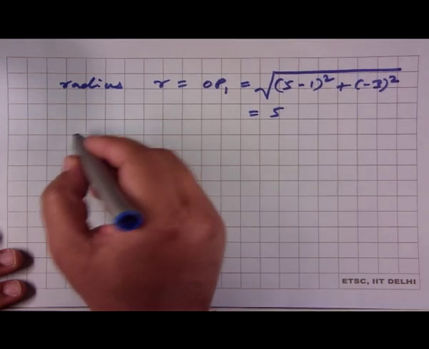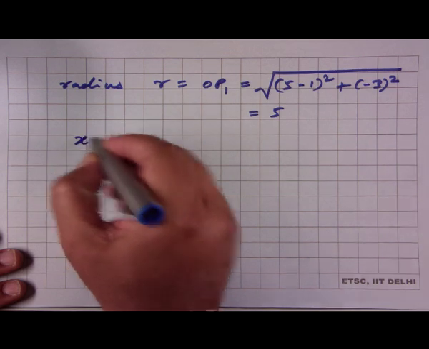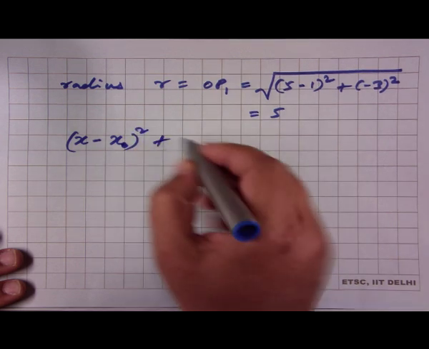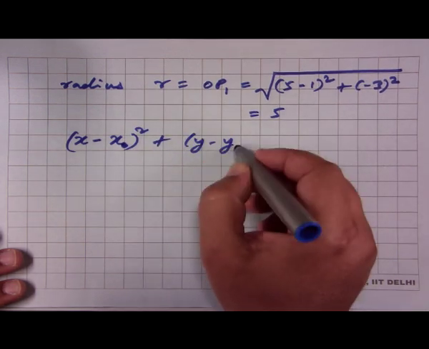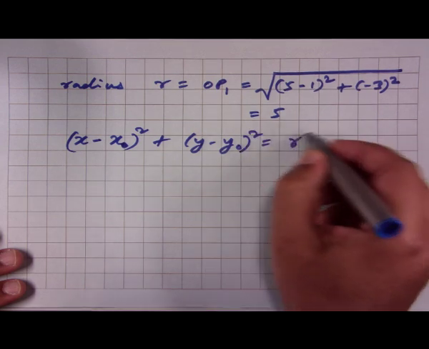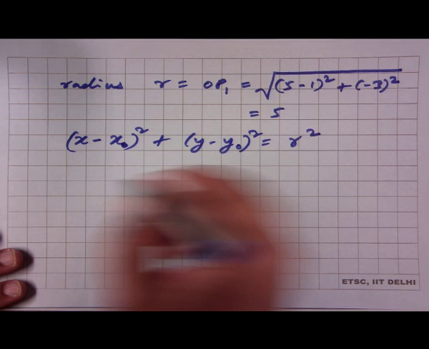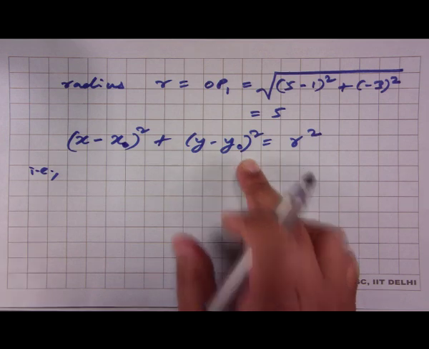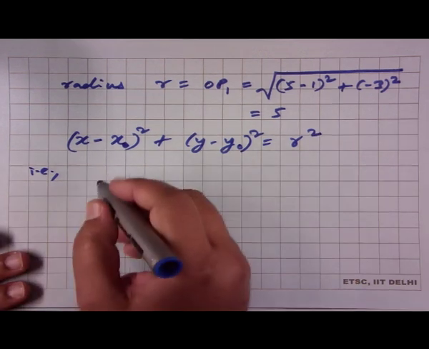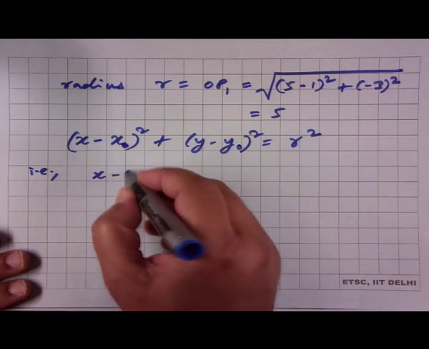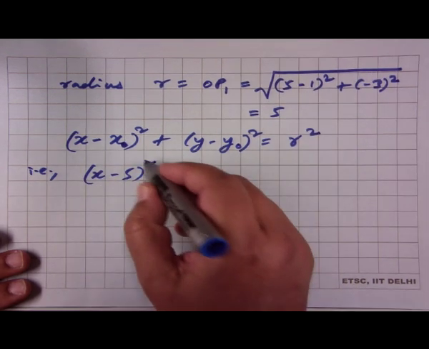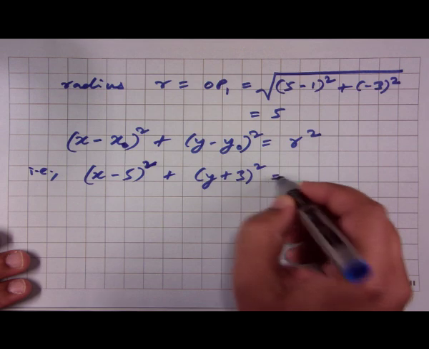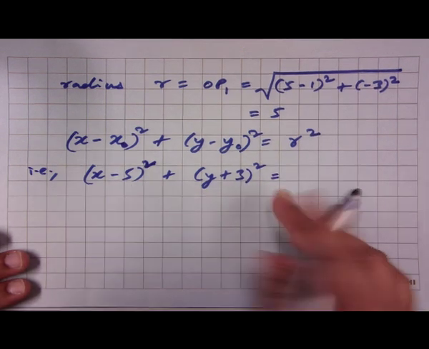So, it will be x minus x naught whole square plus y minus y naught whole square is r square. Since x naught y naught is 5 minus 3, we get this as the equation of the circle.